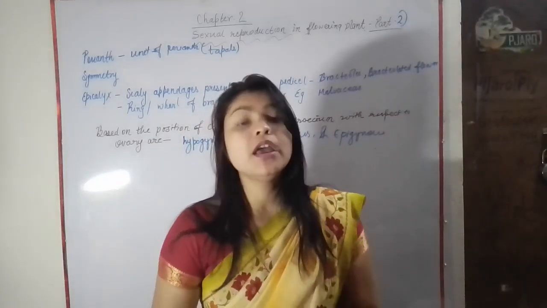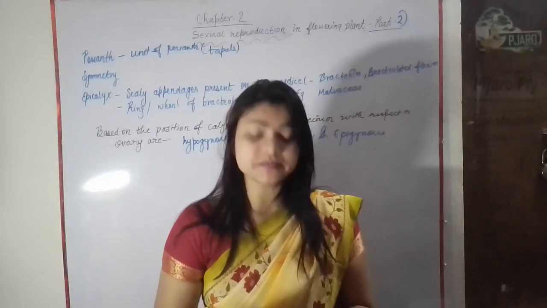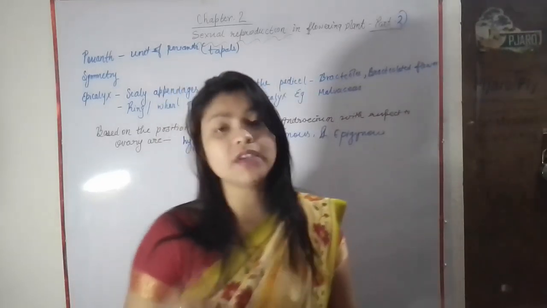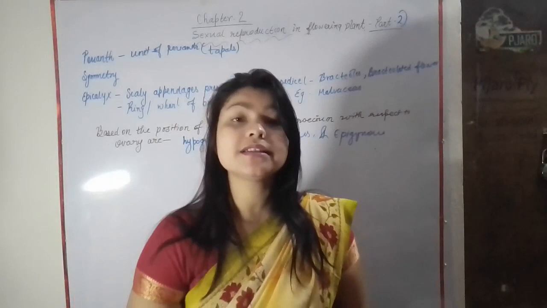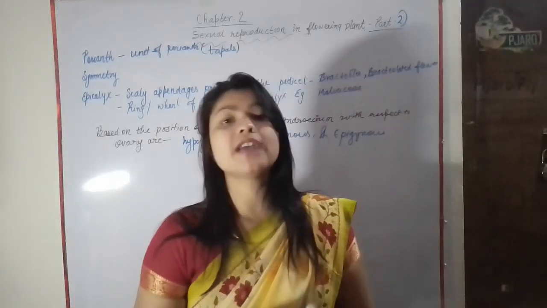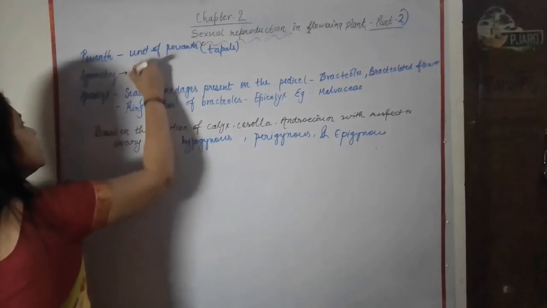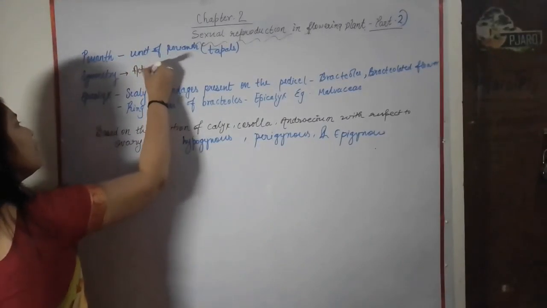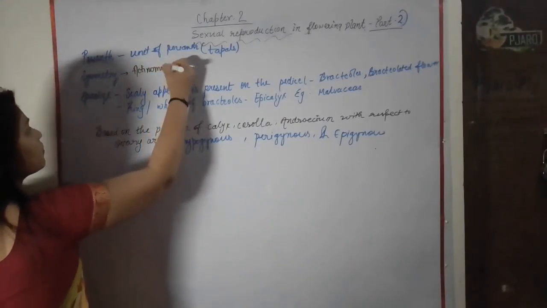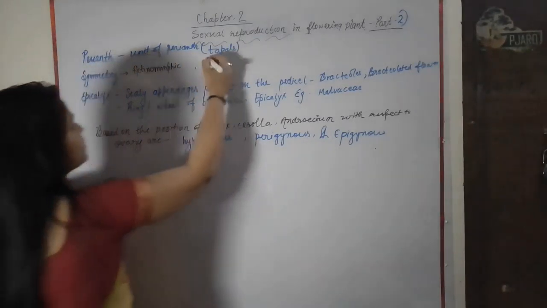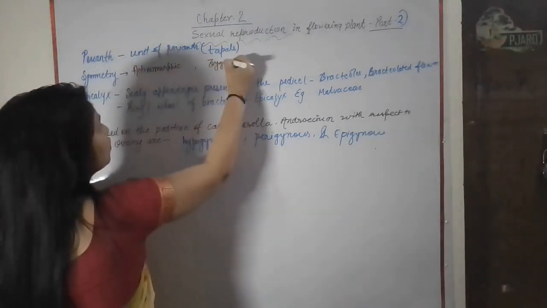In case of symmetry, we have two types: one is the actinomorphic, another is the zygomorphic.